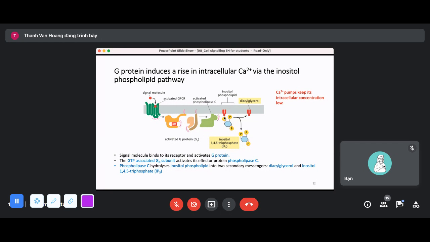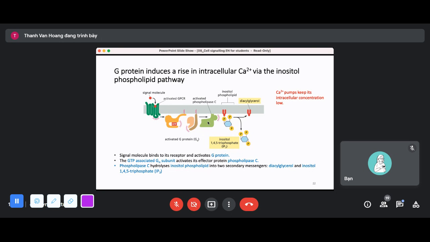I think when you learned about the cell membrane, you heard already about inositol phospholipid, right? Do you remember it? It's a very important component of the cell membrane and plays a very important role in cell signaling.